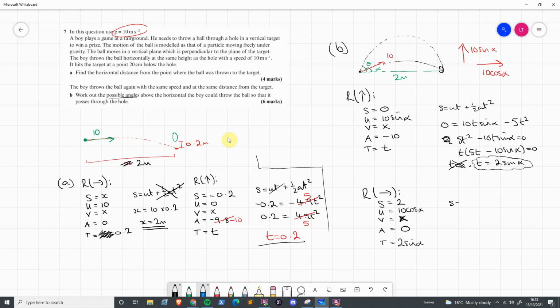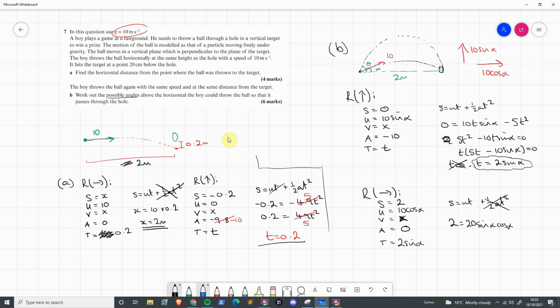So let's go for s equals ut plus half at squared. So 2 equals, well, that will be 10 times 2 is 20 sine theta cos theta, and all of this goes.